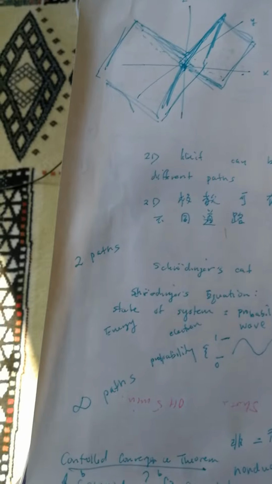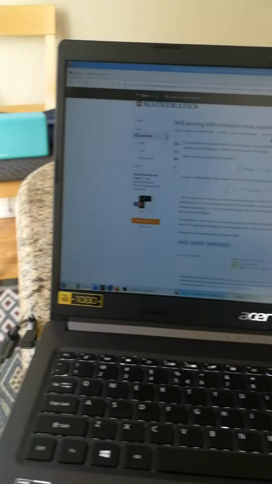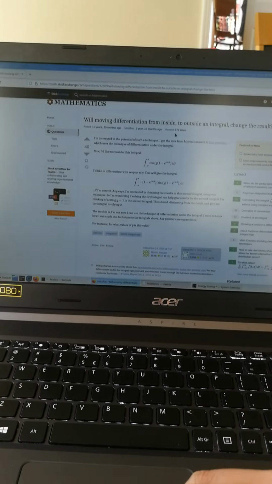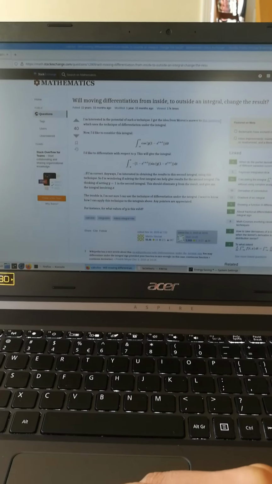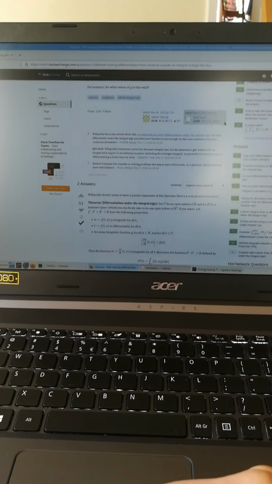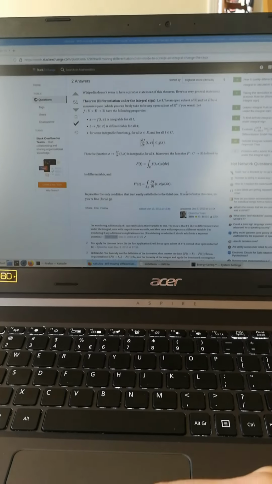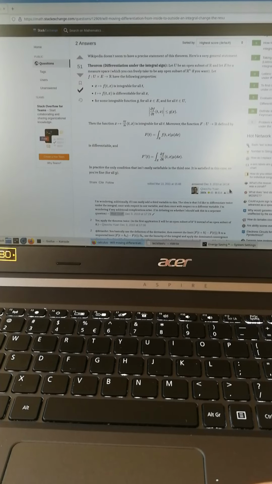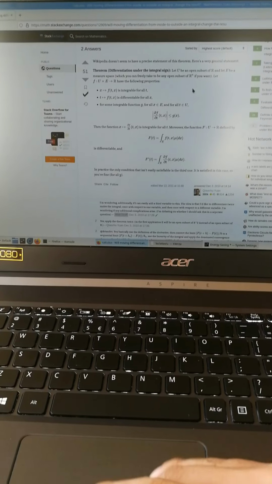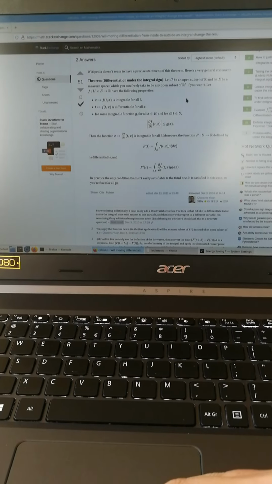And then there's another place, online at Stack Exchange. The question is: will moving differentiation from inside to outside change the result? And the answer was given about 12 years ago by my classmate from college.